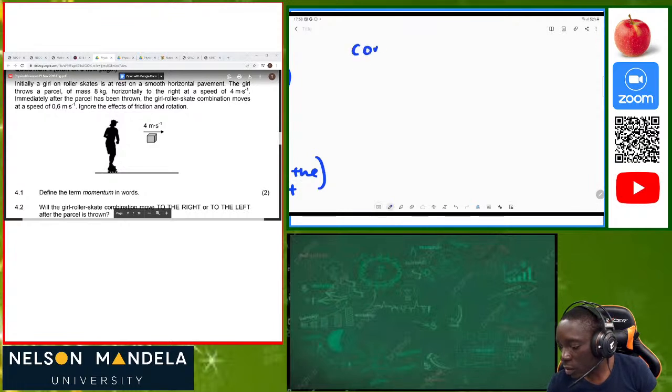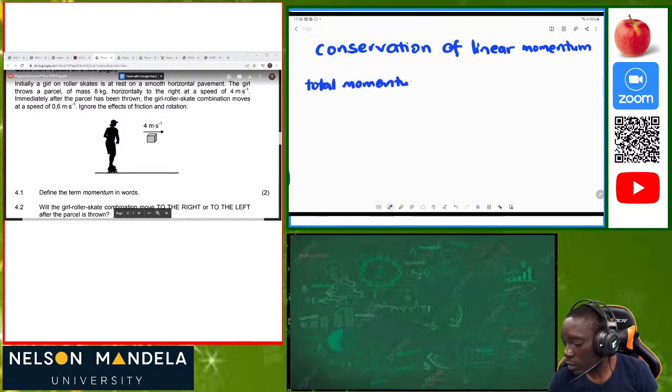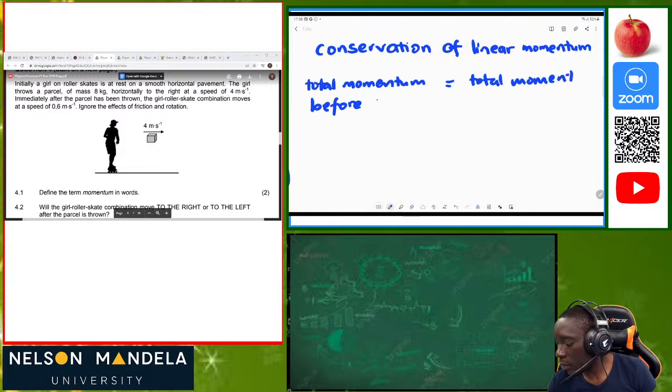So we can use conservation of linear momentum, which is total momentum before equals total momentum after.